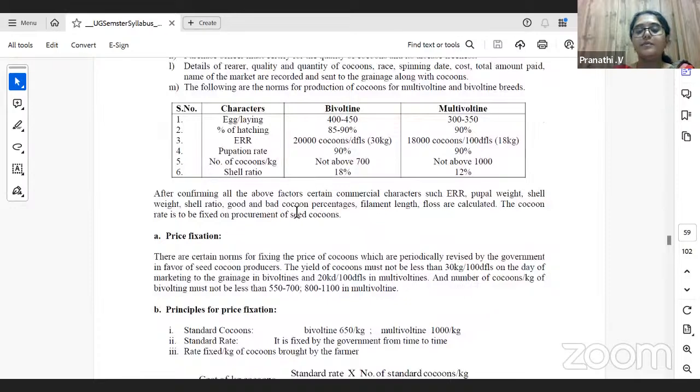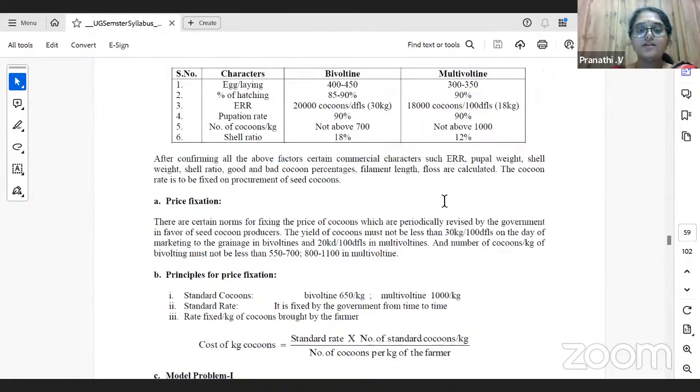So, after confirming all these above factors only, then you're going to set the price. And once your price is fixed, you're going to see that there are certain norms that are periodically revised by the government so that it favors the seed cocoon producers.